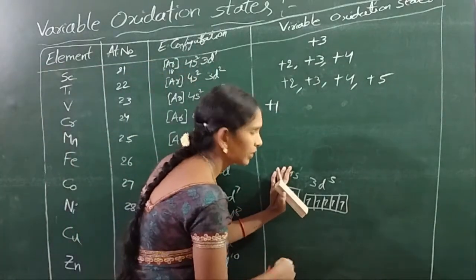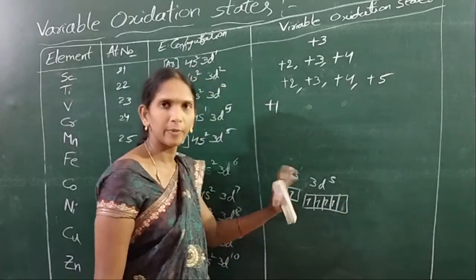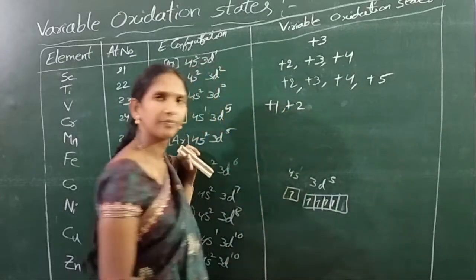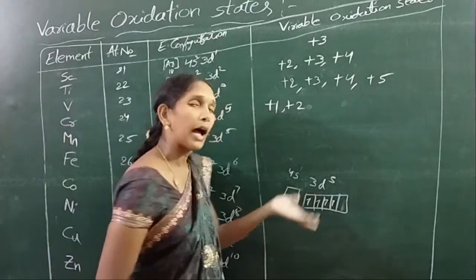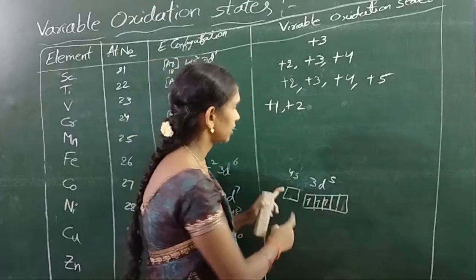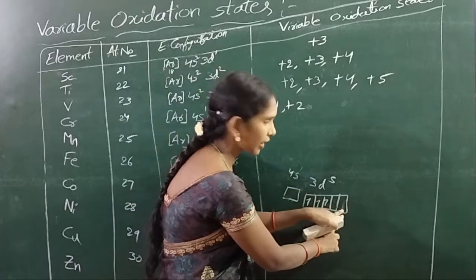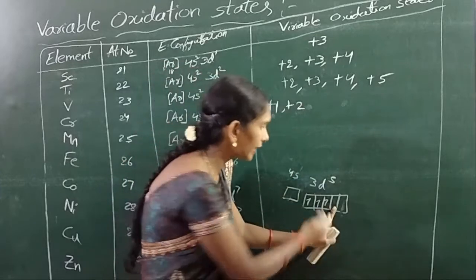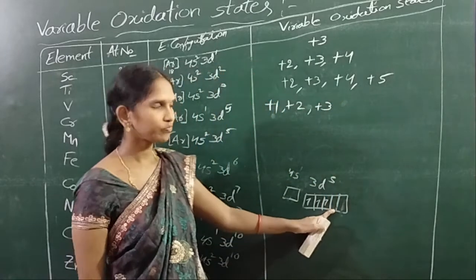Next, if the element loses 1 electron from D, then plus 2 oxidation state exists. If it loses another electron from D, then 1 electron is removed from here, so plus 1 charge exists. If we remove one electron from here, plus 2 charge exists, and then if we remove another electron from D, there exists plus 3 oxidation state.